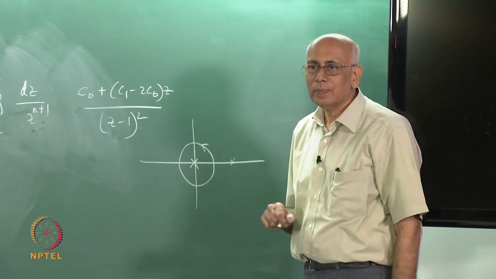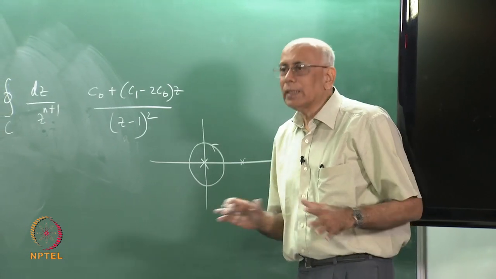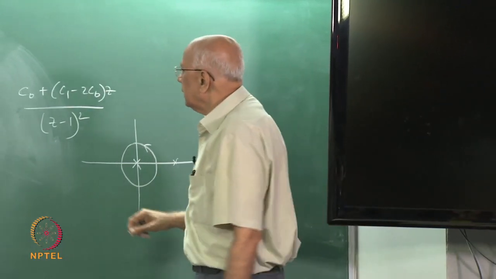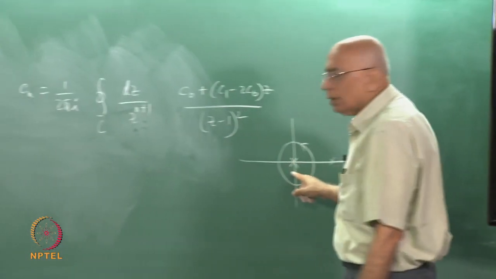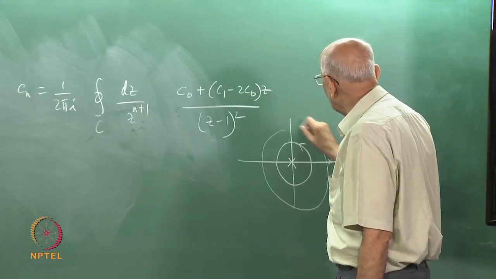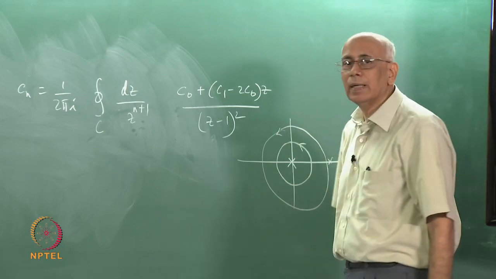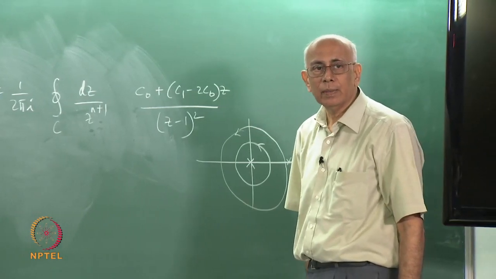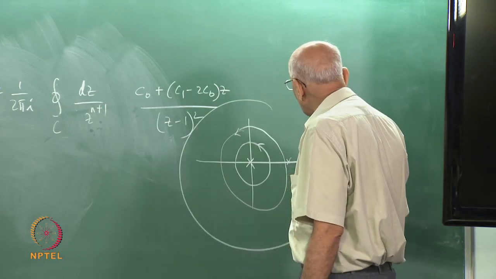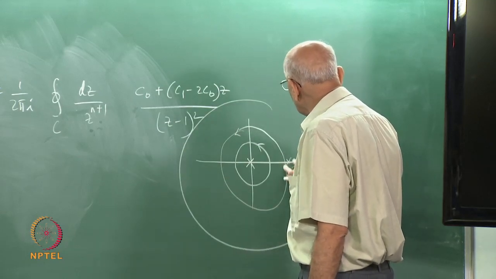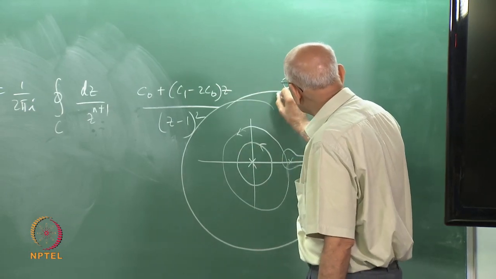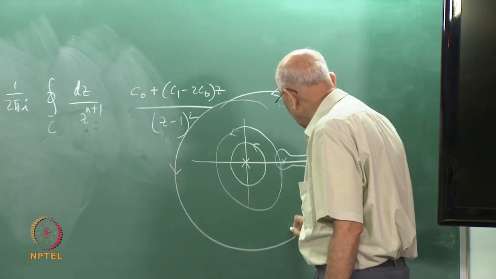What should we do? We exploit this rubber band property of this function, and we say, this is the contour to start with, but I can deform this contour. It is still true, it is still the same thing. I deform it a little more, make this even bigger, but you see I can't cross this fellow. So I come here and I keep the sense of the contour very carefully.